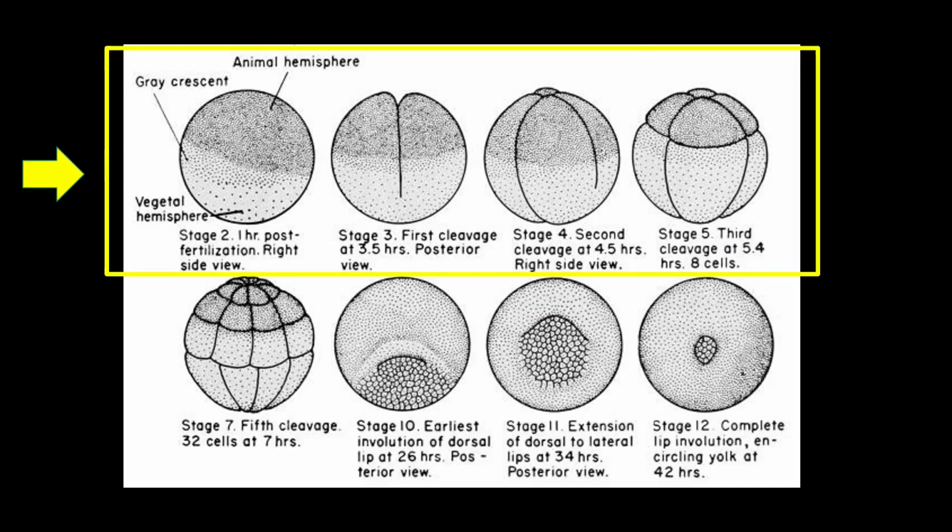Okay, and here you can see the pictures of the article, and here you see we have been talking about the animal hemisphere or animal pole and vegetal pole, and here you see the first division, here the second division, and here the third division. So we're going to talk about that, okay?